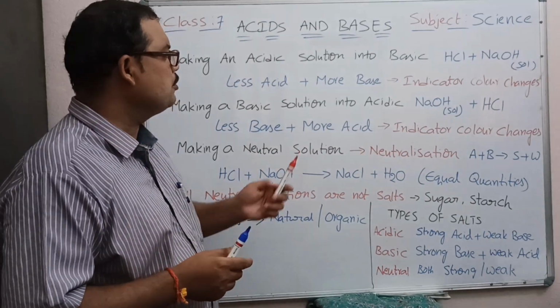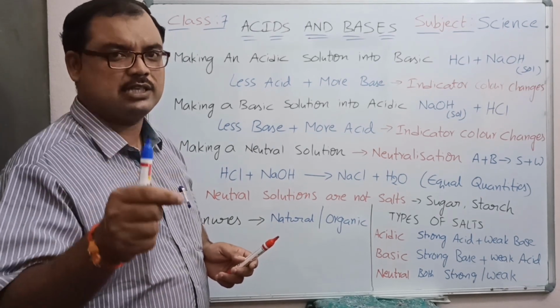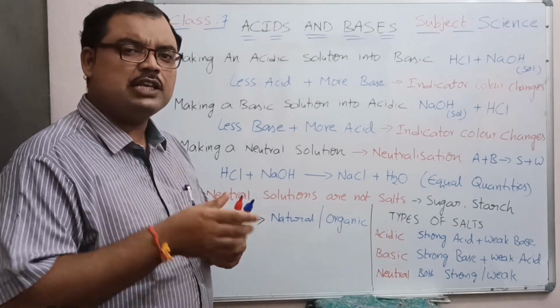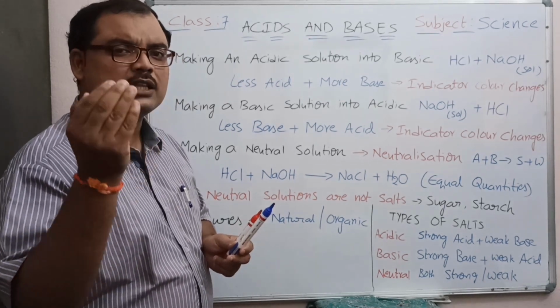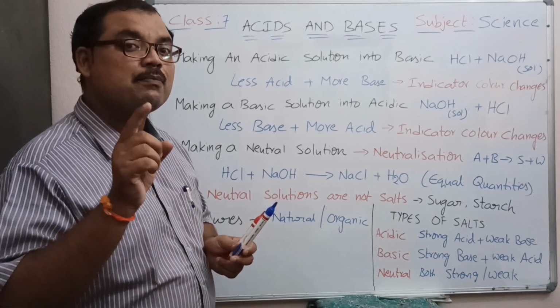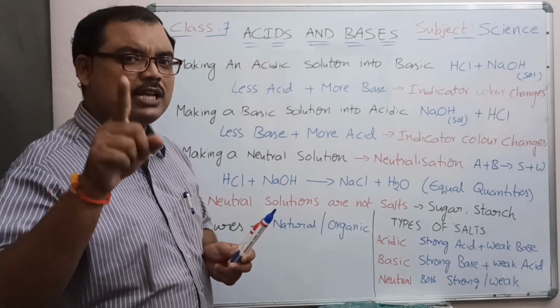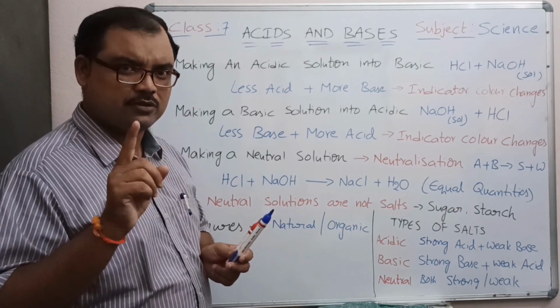Now what shall we do? We add some solution of sodium hydroxide drop by drop. So when you go on adding sodium hydroxide, slowly that colorless becomes into some color. What color? Pink color, because phenolphthalein shows pink color in bases, right?